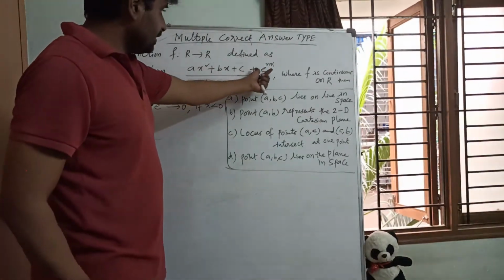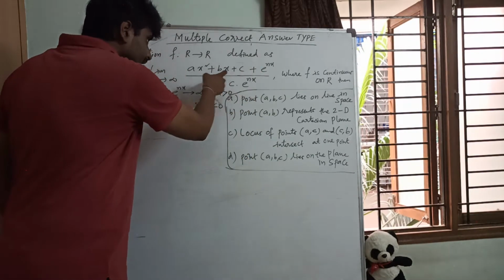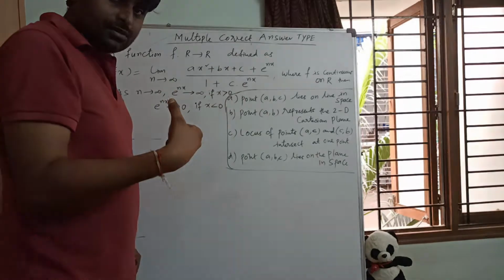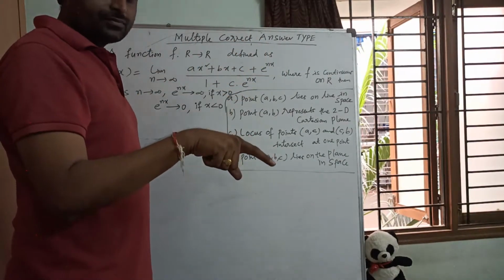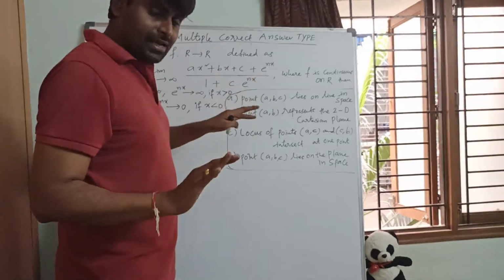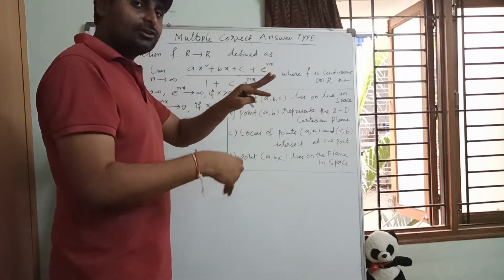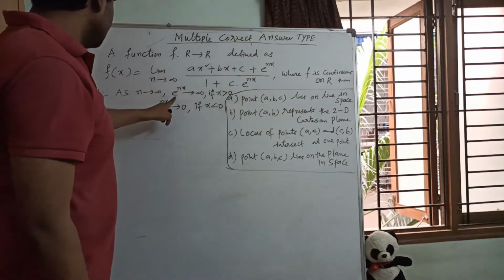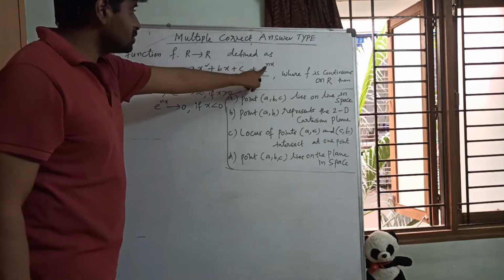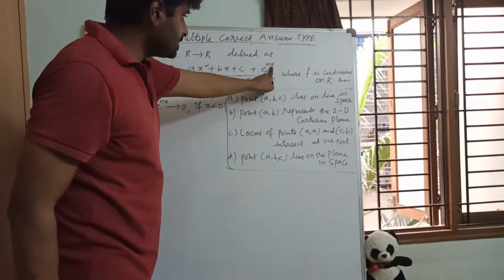So whenever there is a possibility of getting infinity here, take this common, make it down. Whenever it is down, something by infinity will be 0. As we discussed already, infinity should not be in the numerator, it should be in the denominator, so that something by infinity becomes 0. So e power nx tends to 0 whenever x is less than 0, whenever x is negative.